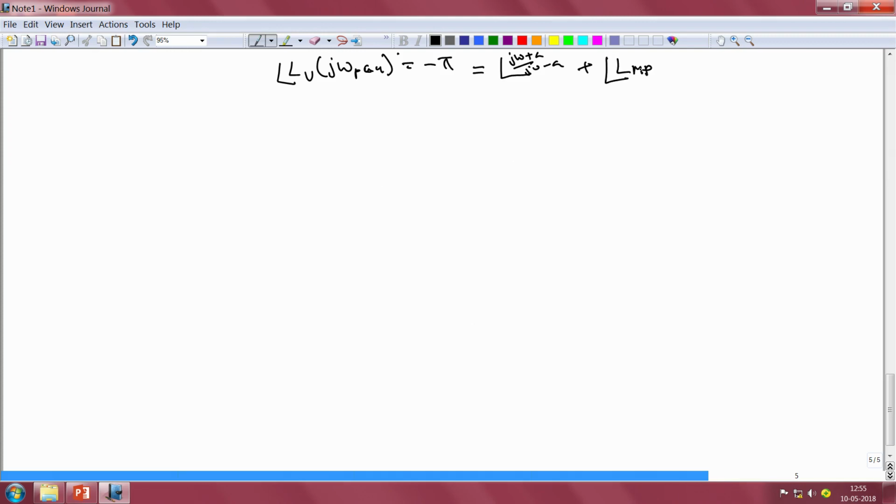Now, if we make the assumption that I just stated, namely that the loop gain is rolling off at the same rate of minus 40 alpha dB per decade at omega Pcl as it rolls off at omega Gc, then we can write the angle of L minimum phase from Bode's gain phase relationship to be approximately equal to minus alpha pi.